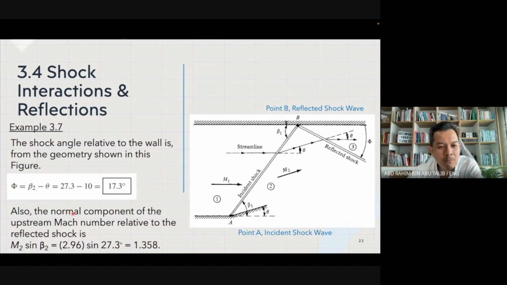Also, the normal component of the upstream Mach number relative to this reflected shock. Use the same approach, put down the numbers, you will then get M2 sine beta 2 to become 1.358.